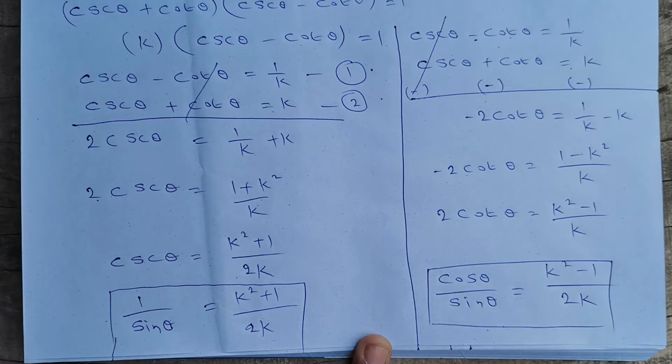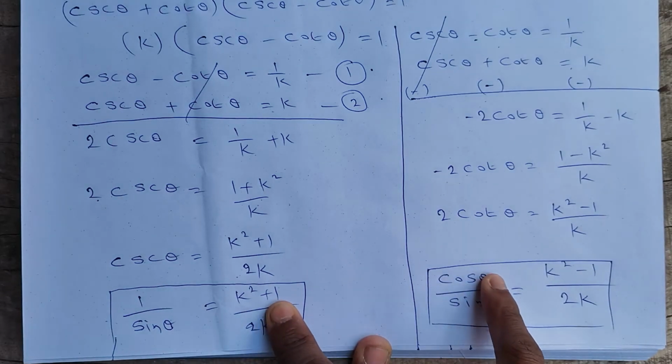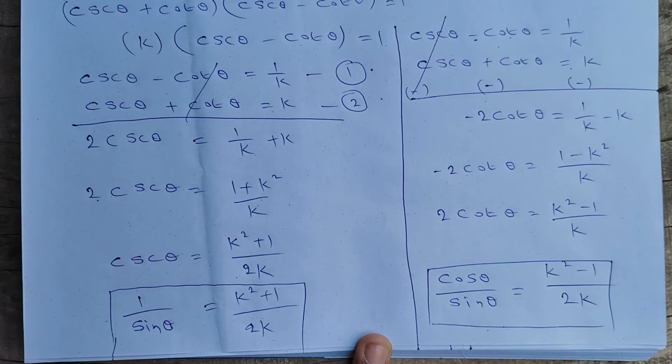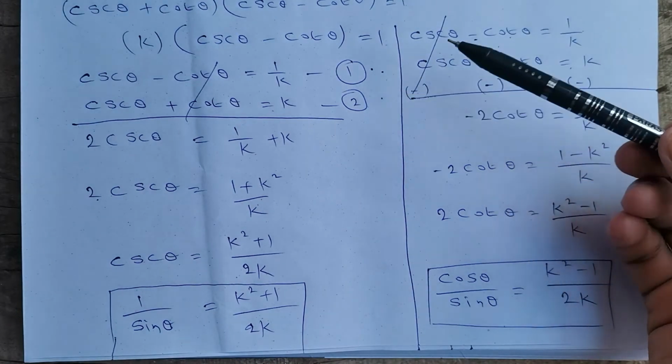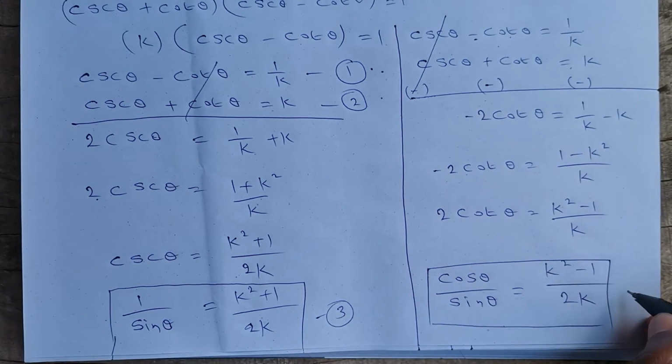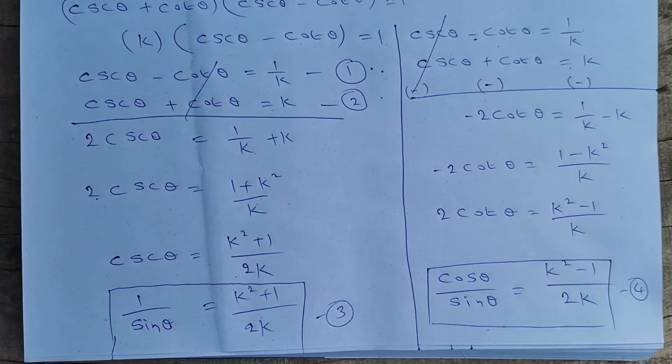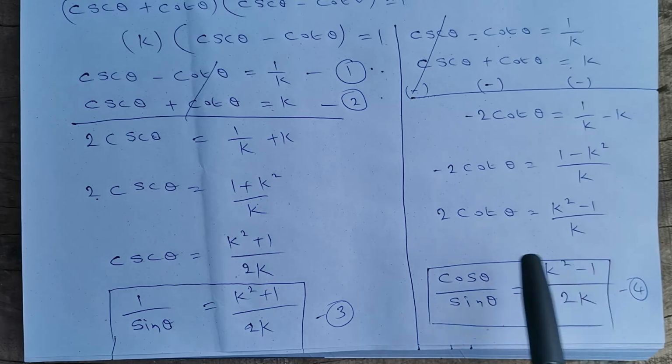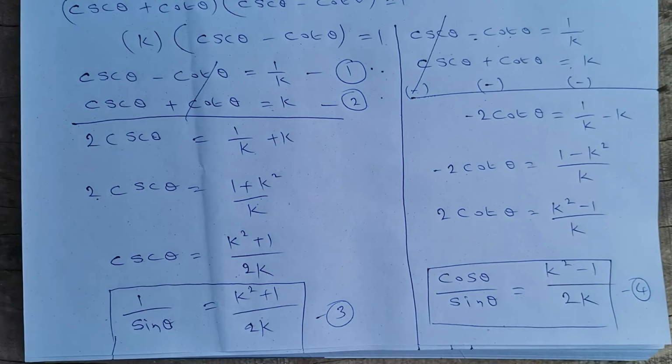Now I will divide these two results. So already I wrote first equation, second equation, so that's why I am making this as a third equation and this as fourth equation. So I will divide the fourth equation by third equation.